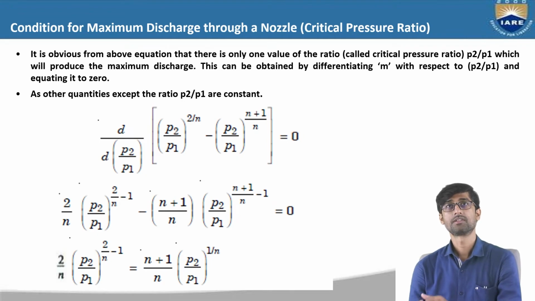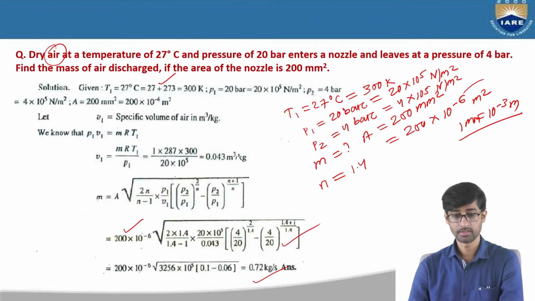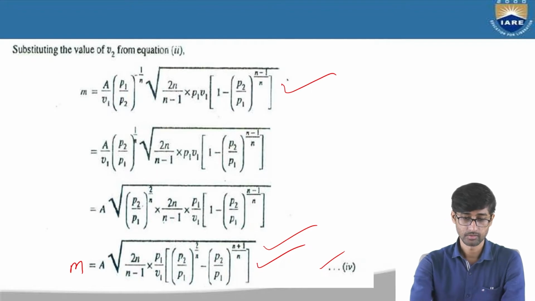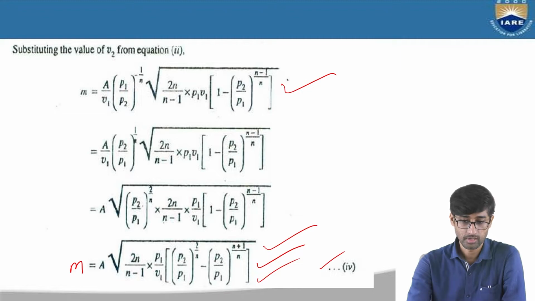Next, what is the condition for maximum discharge through a nozzle? That is, we call it the critical pressure ratio. If you see the equation for the mass of steam discharged through the nozzle, there is a term P2 by P1.